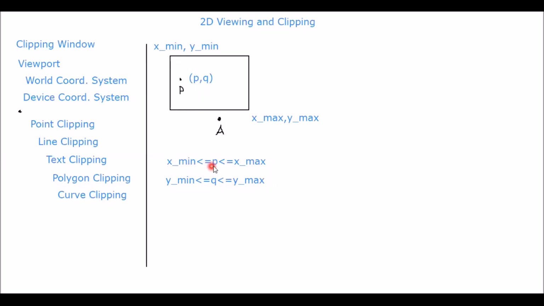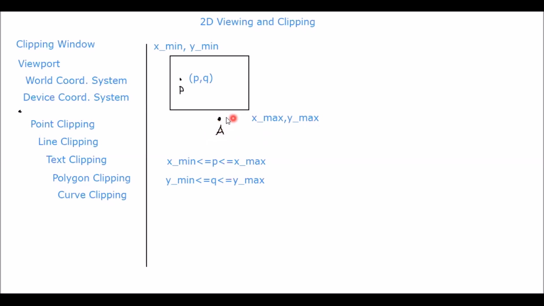If any of these conditions is not true, then that point, like this point A, does not lie within the window. For A, the value of the x coordinate is within the range of x min and x max, but the value of y is greater than y max.